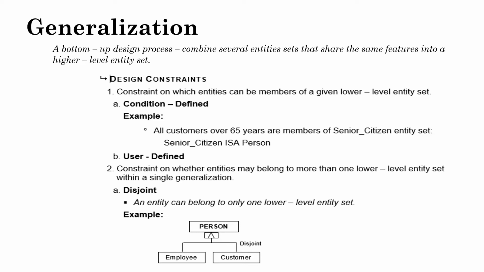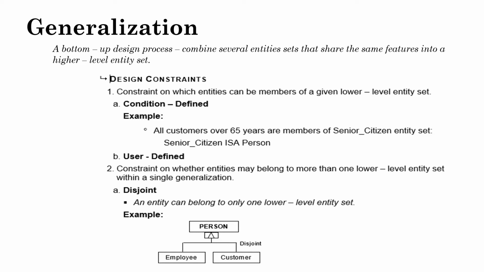Another constraint is whether entities may belong to more than one lower level entity set within a single generalization. For disjoint, an entity can belong to only one lower level entity.